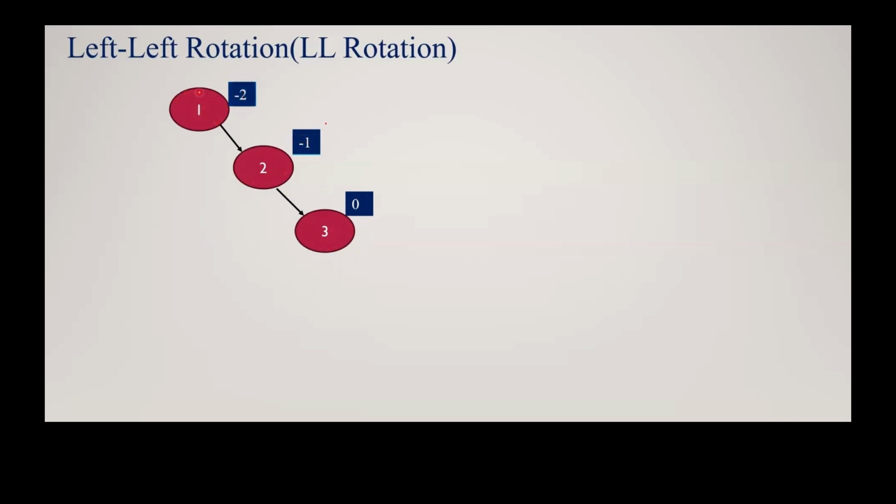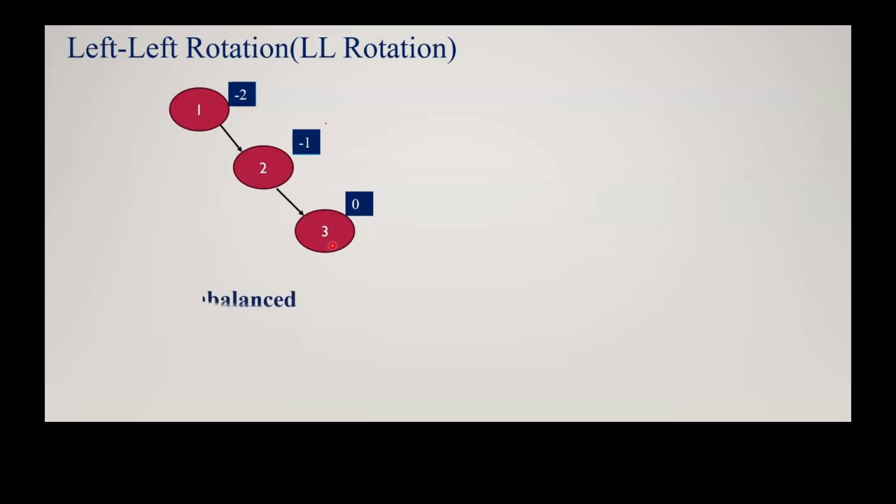Next, we calculate the root node. There is no left subtree, so 0 minus 2, so the balancing factor is -2. Now after insertion of 3, what happened? Right now the tree is not balanced. Before that the tree was balanced, but after insertion of 3 the tree is not balanced.